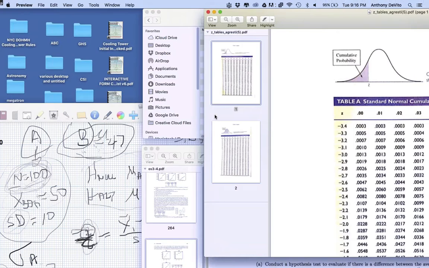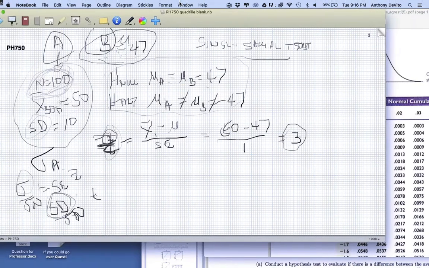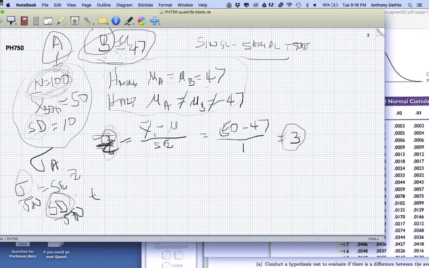So if I go back to my hypothesis, I could say, well, they're so different that this outcome, this big a difference, 47 versus 50, would only happen 2.6% of the time. So it's not by accident. So with 2.6%, I am 97.4% certain that I can reject the null hypothesis and accept the alternative hypothesis.